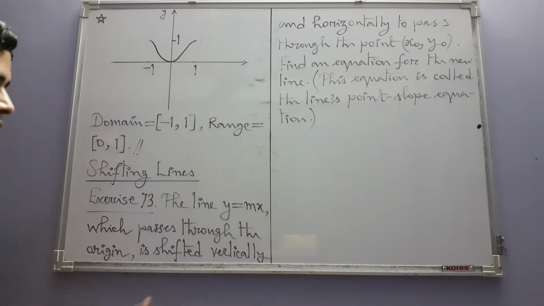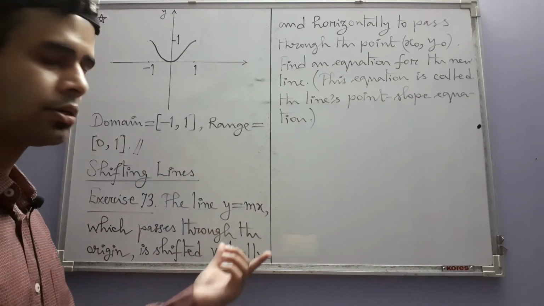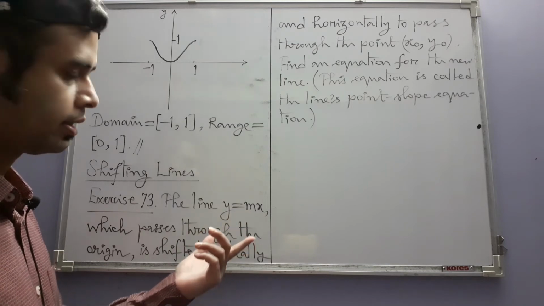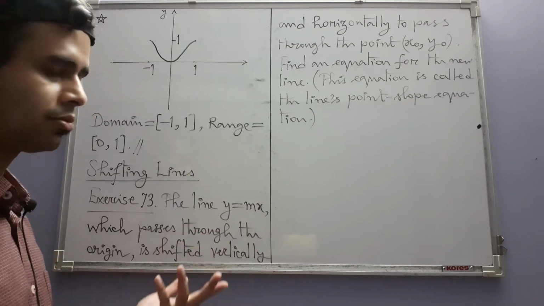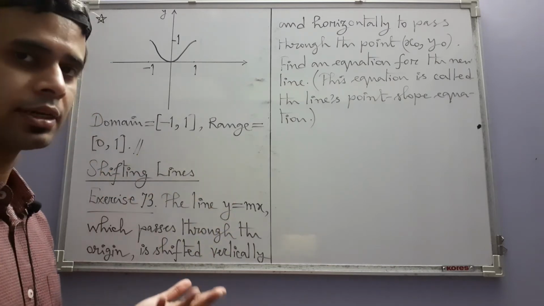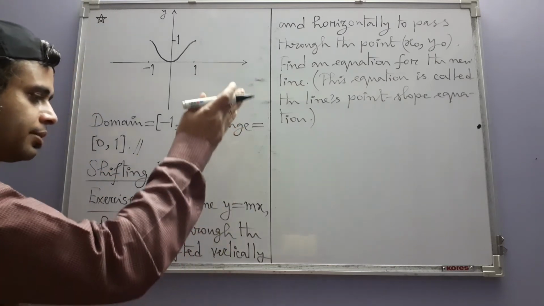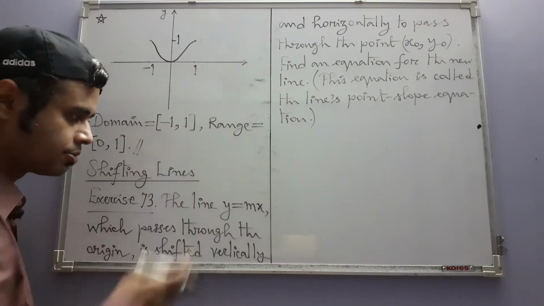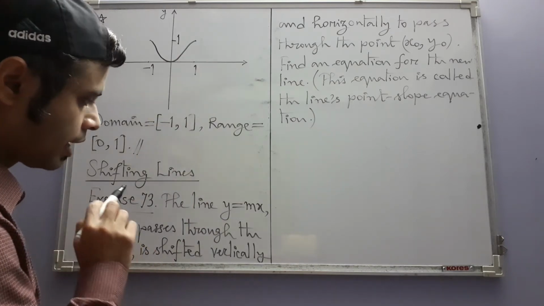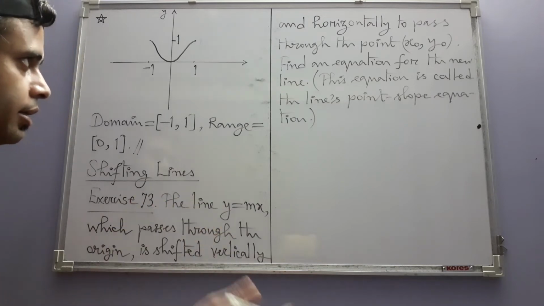So we are given a straight line y equal to mx, where m of course is some constant, and we already know from our studies on straight lines that this type of line passes through the origin, and this line is shifted vertically and horizontally.